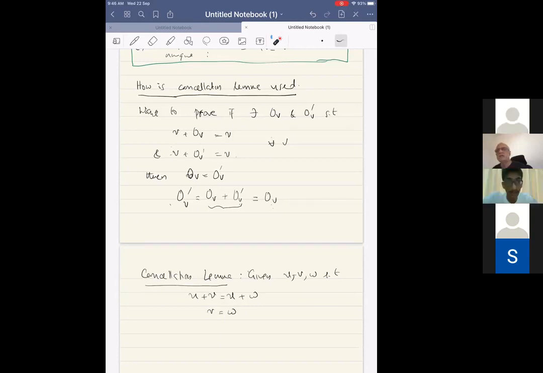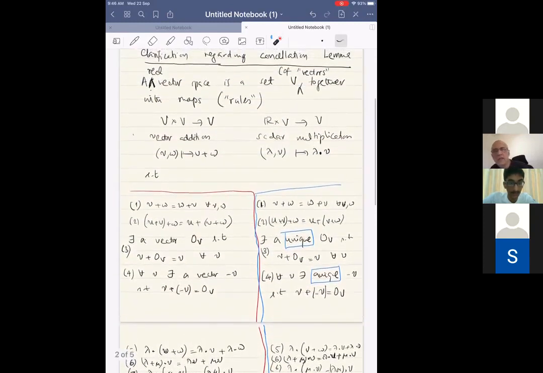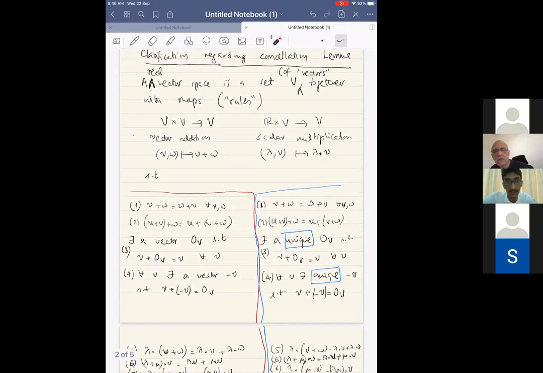I had a small nitpick. When we're proving this, for example, in a quiz, do you have to show commutativity separately? I don't want to deal with the nitpick. Commutativity is assumed right at the beginning. Just go back. In all my definitions, commutativity is assumed. So we have 0v plus 0v dash is equal to 0v dash plus 0v?